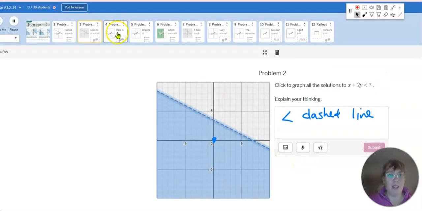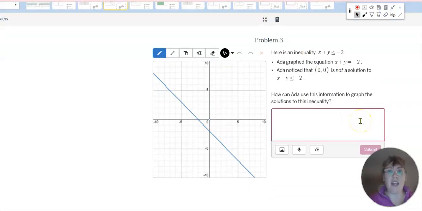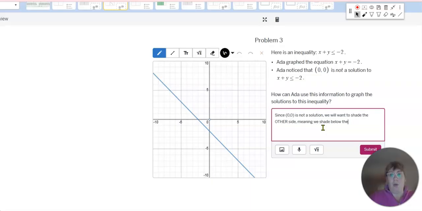Beautiful. Slide 4 says, here's an inequality, x plus y less than or equal to negative 2. Ada graphs the equation x plus y equals negative 2. And notice that 0, 0 is not a solution. So how can Ada use that information to graph the solutions to this inequality? So since 0, 0 is not a solution, we will want to shade the other side, meaning we shade below the line.